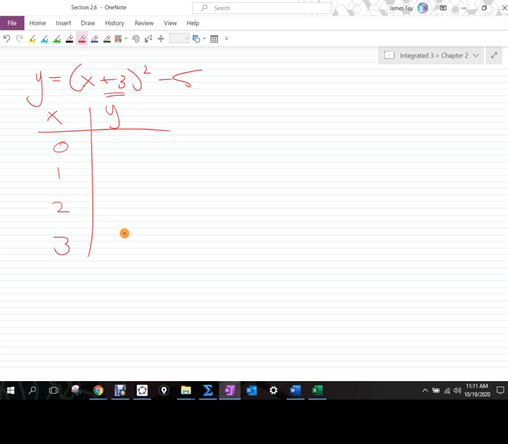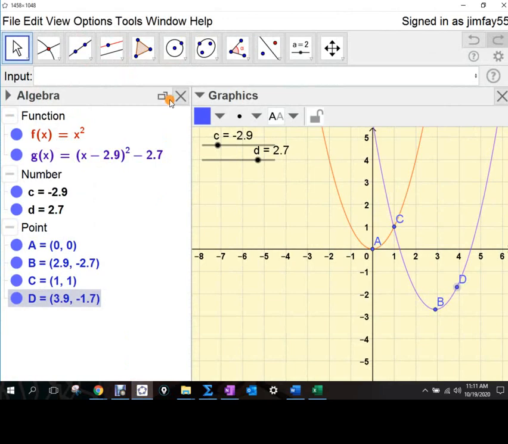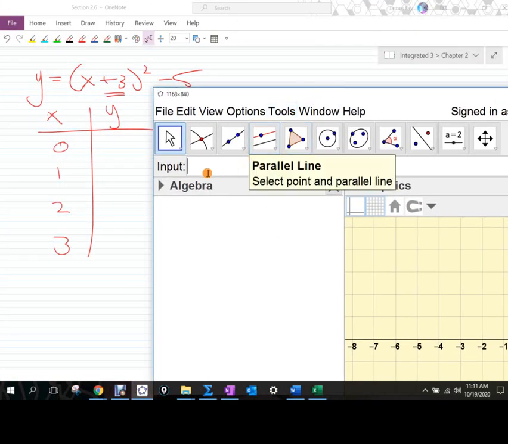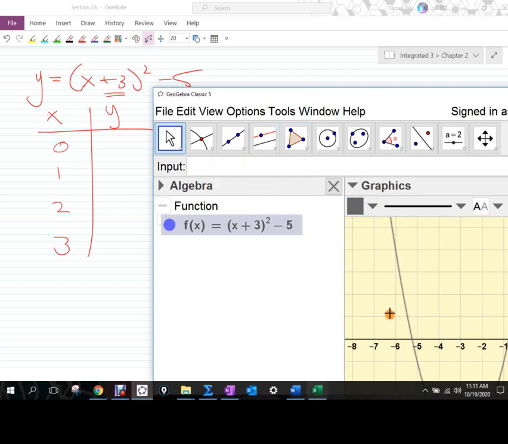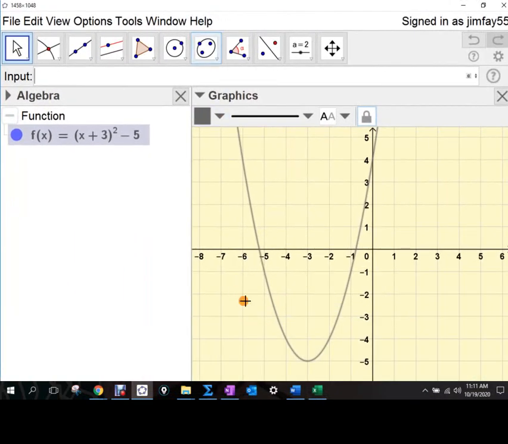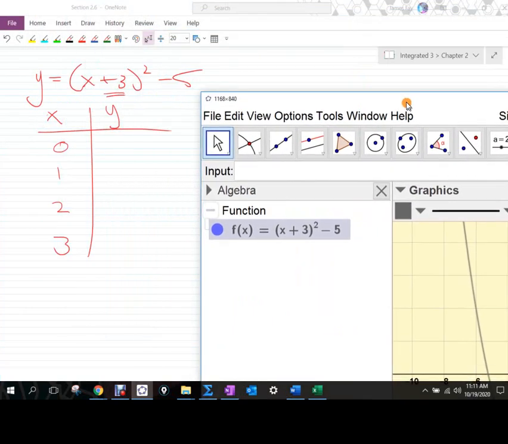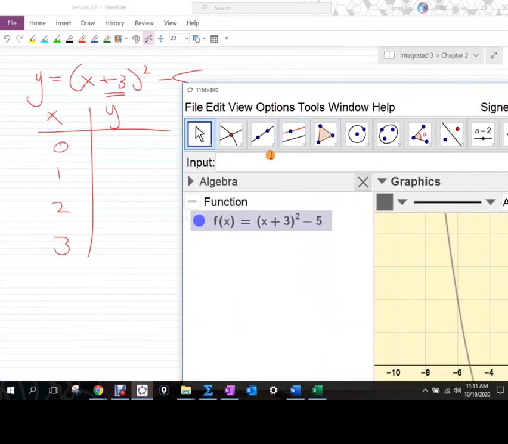And even if I did that here, let's think about this. This is going to give me a parabola, okay? But if I just graph those points, I should get that graph right there. Does that make sense when I'm done? Okay. But if I just chose x values of 0, 1, 2, and 3, they're going to be these points.